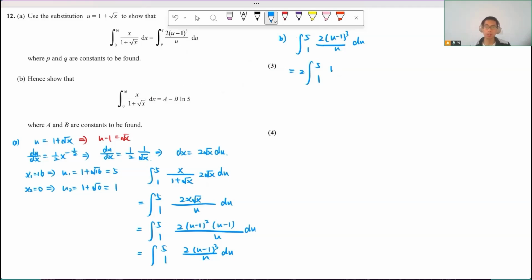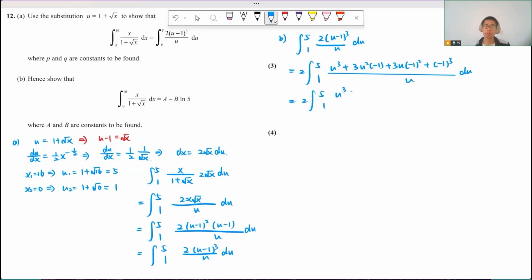So that would be u cubed, and then plus, 1, 3, 3, 1, so 3u squared times negative 1, and then 3u times negative 1 squared, and then plus negative 1 cubed, all over u du.